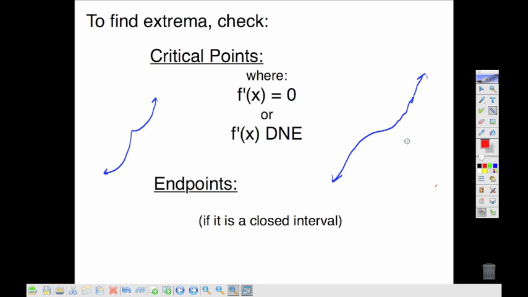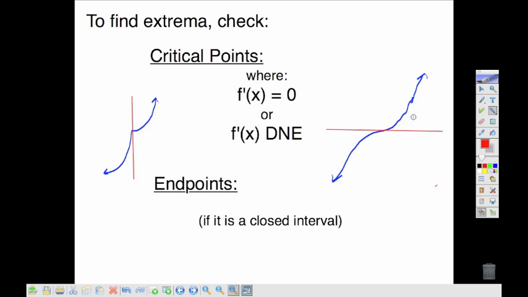Now remember also when you check these that just getting a 0 does not guarantee that you have a maximum or minimum. For example, with this one, we might have a 0 tangent line. It doesn't really change direction here. And the same thing on the other one, I might be approaching a vertical tangent, or I have a cusp or something where this just doesn't agree on both sides. And so this would not exist.